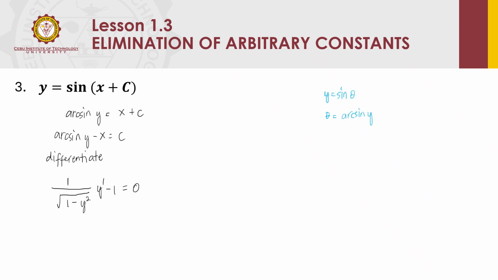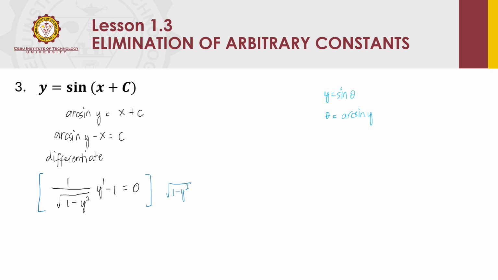Okay, so make sure that our final answers are not containing radicals as much as possible. So we need to multiply the whole equation by square root of 1 minus y squared first to remove the denominator.